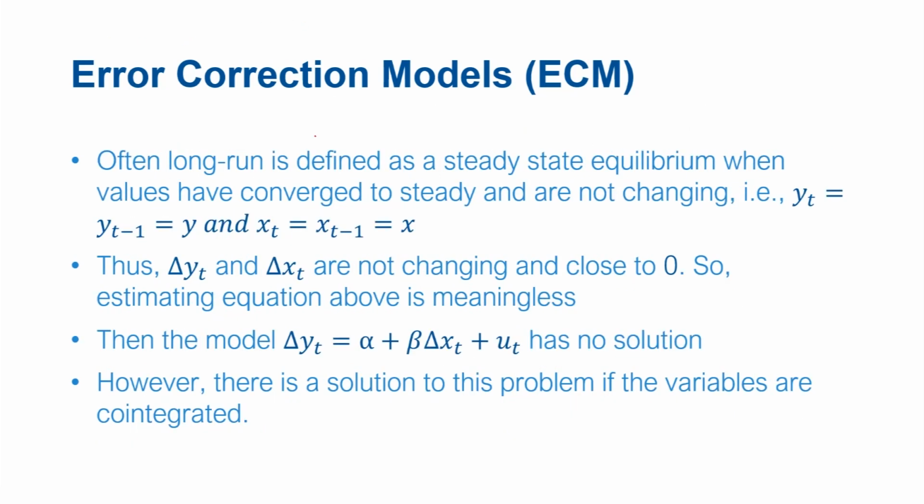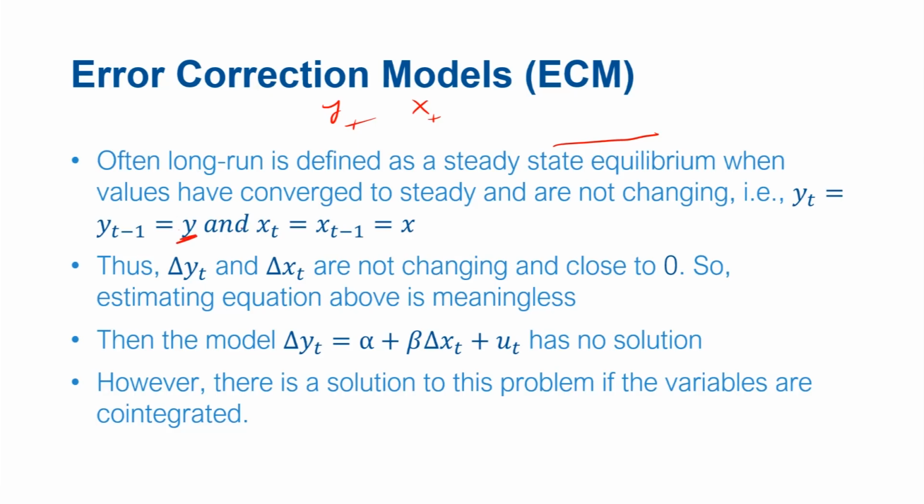Generally, when you're talking about a long-term relationship between two series yt and xt, in the long run these variables approach some kind of steady state equilibrium. What do we mean by steady state equilibrium? A state where yt is not changing much because it has reached its equilibrium value. The difference between yt and yt minus 1, which is delta y, is approaching 0.